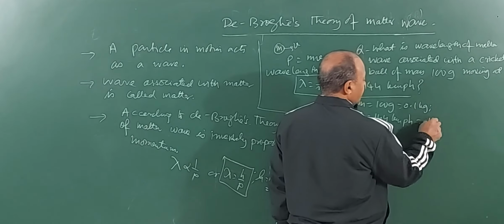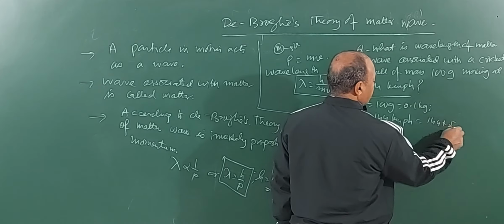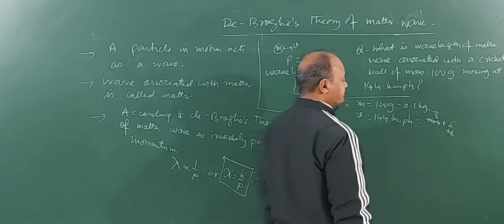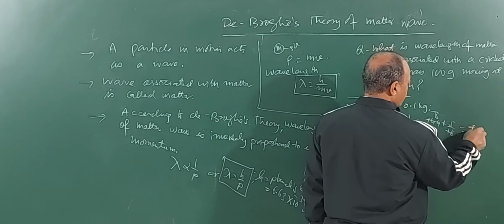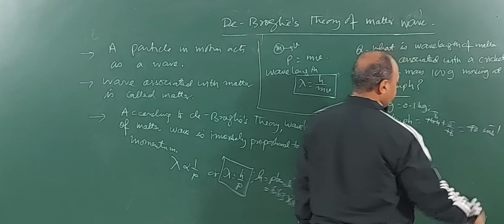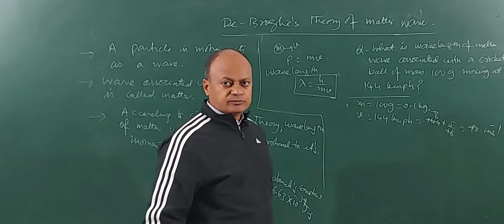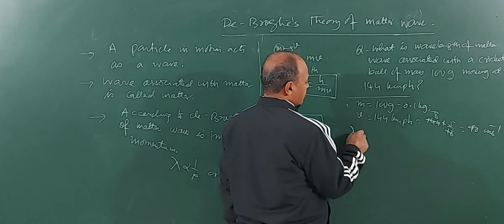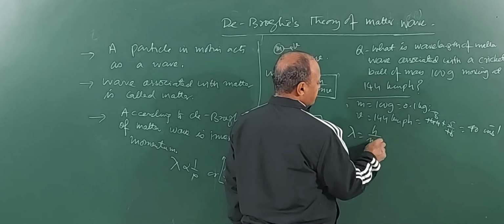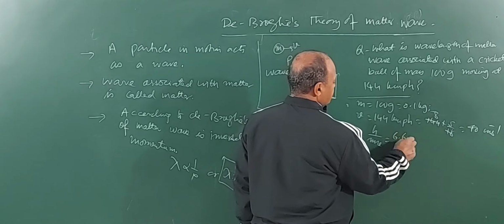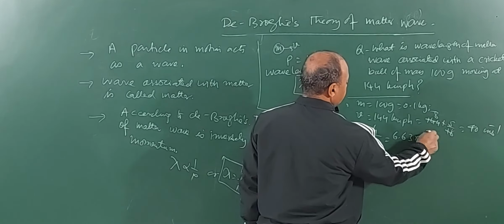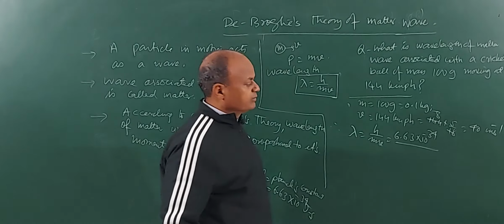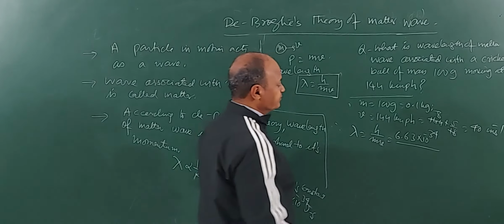So, how much will be that? It will be 144 into 5 by 18. So, 8 times 5 is 40 meter per second. Clear? Therefore, lambda will be h by m into v. 6.63 into 10 power minus 34 is the value of h, and let's put the values of mass and velocity.